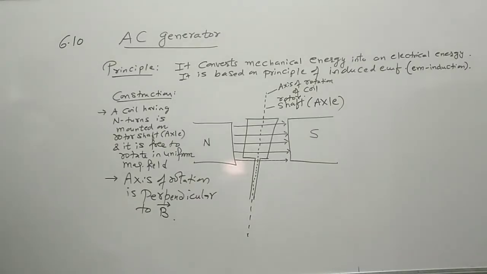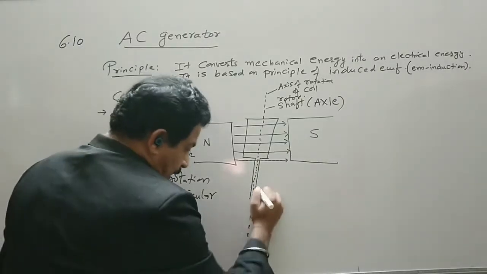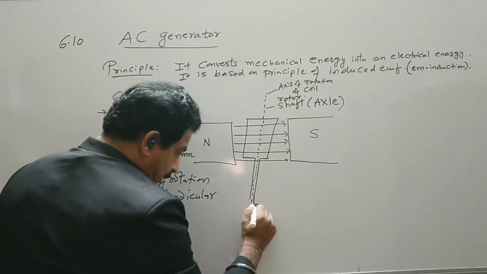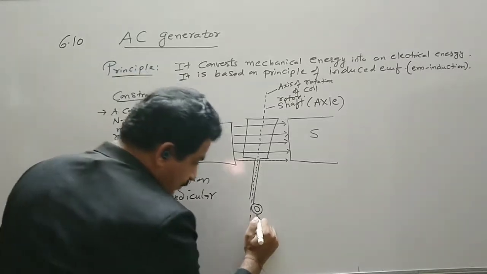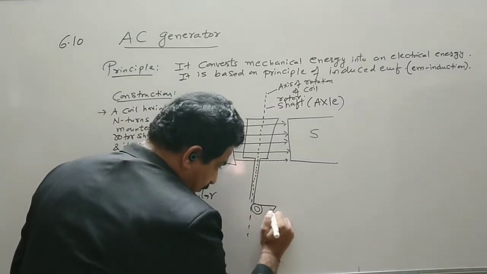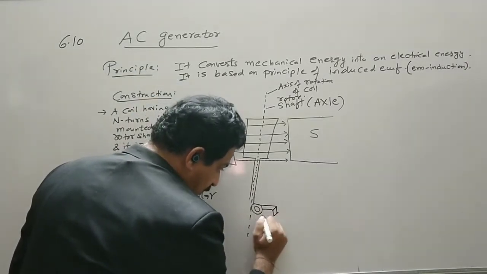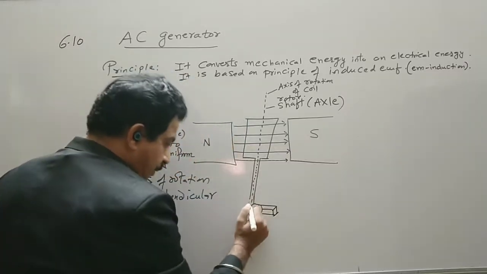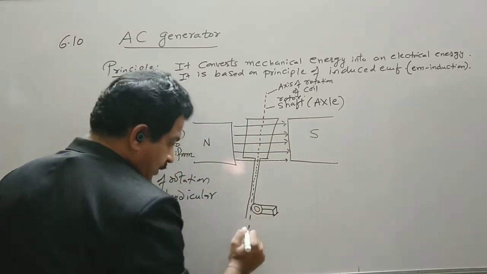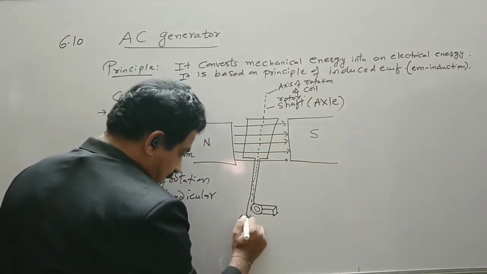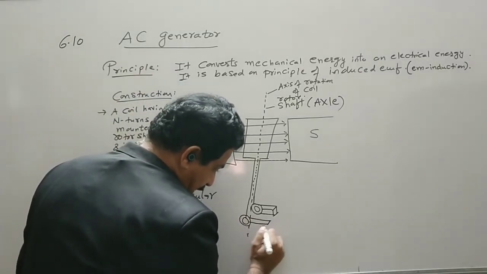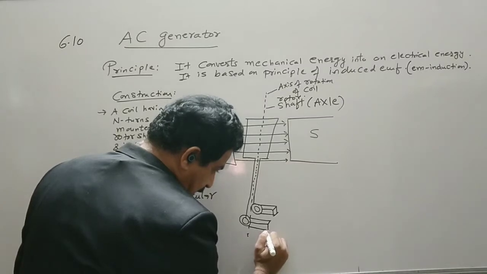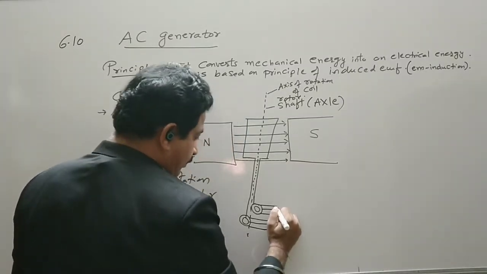This coil is connected to slip rings with the help of carbon brushes. So this is the slip ring which is connected to the carbon brushes.